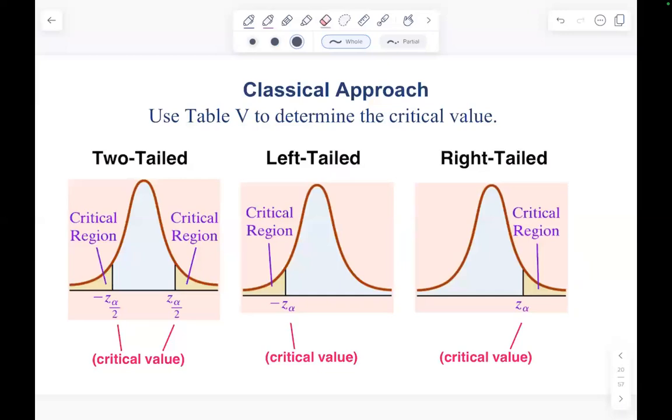So for example, I have this critical value right here. If my test statistic lands outside of that critical value, in the critical region, then we would reject the null hypothesis. This would be a reject. If my test statistic lands somewhere in here, then I would fail to reject.